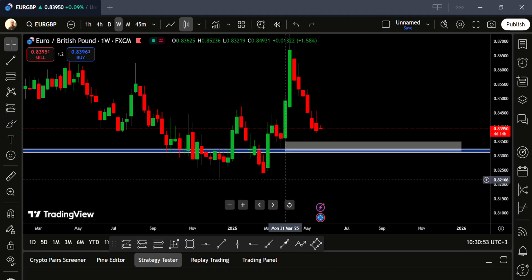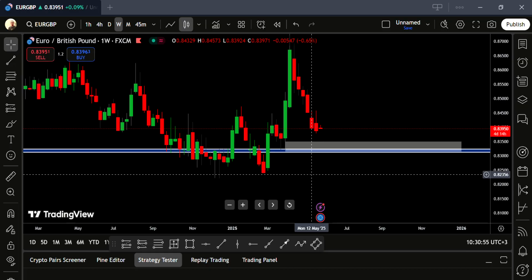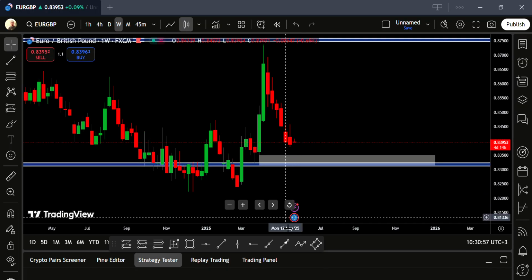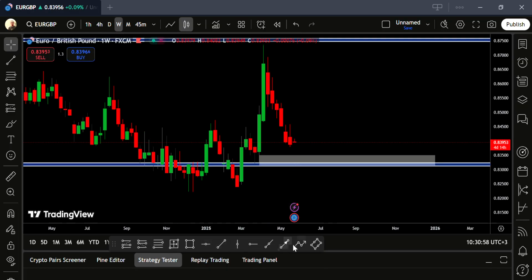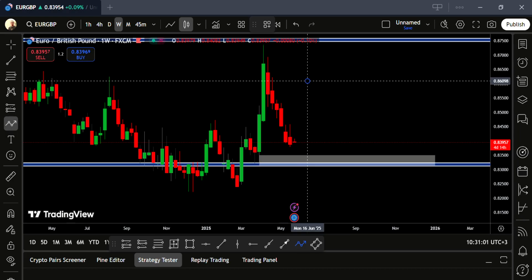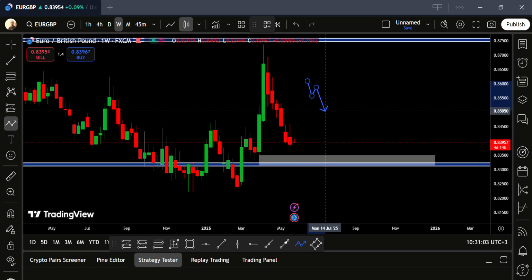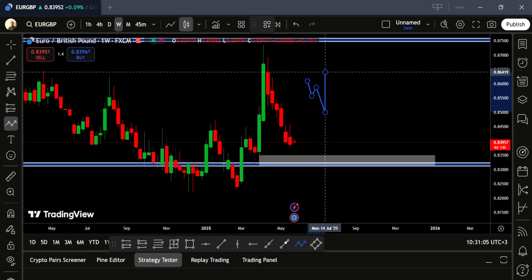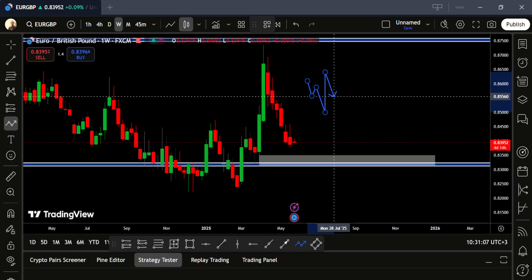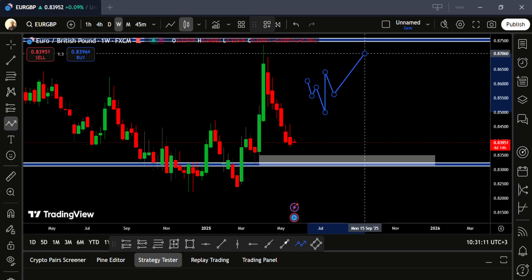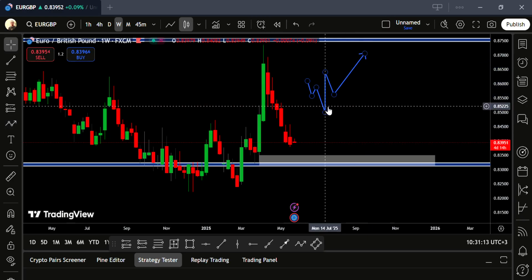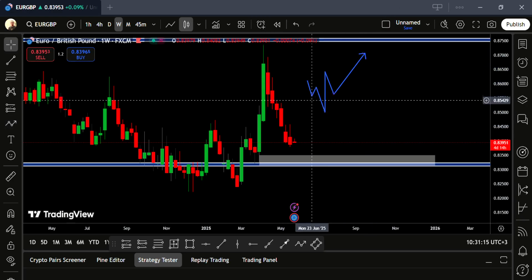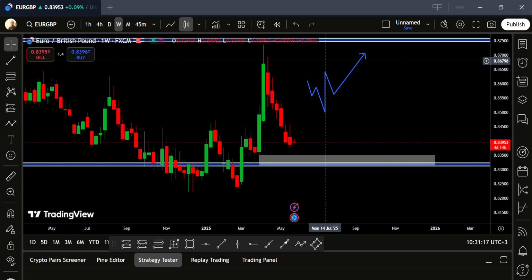So it also made a QM pattern. You remember guys, I told you about the QM pattern. Let me show you. This is a pattern that comes like this, and then goes up. So when it comes back to retest around this area, from the shoulder to the head, we shoot up. This is low, high, low, higher, high.